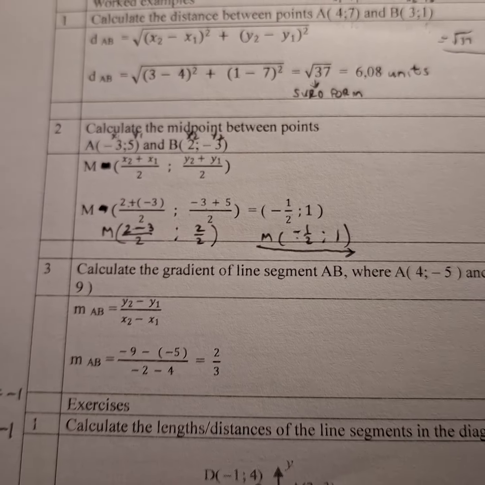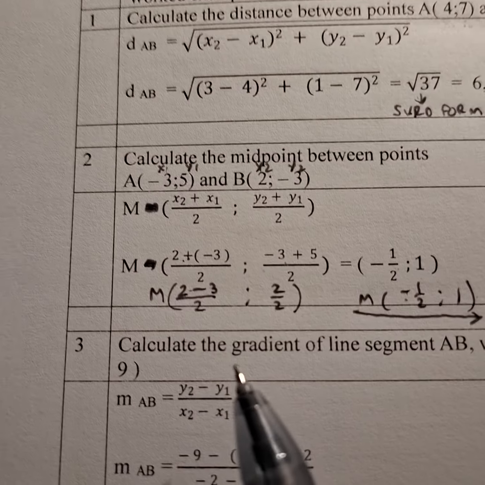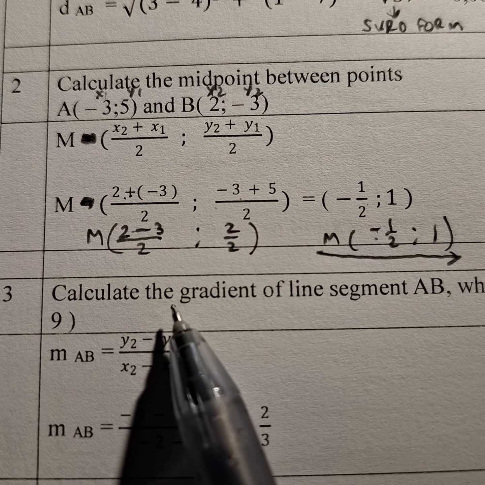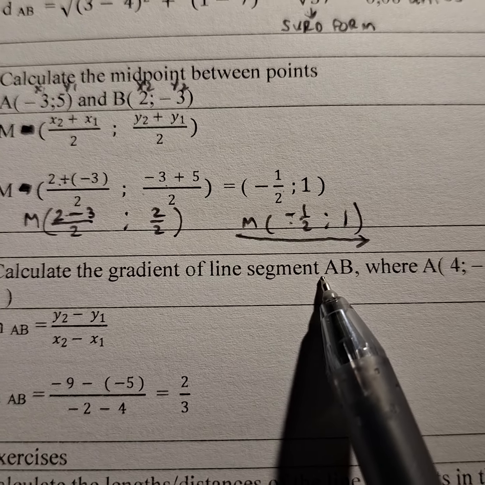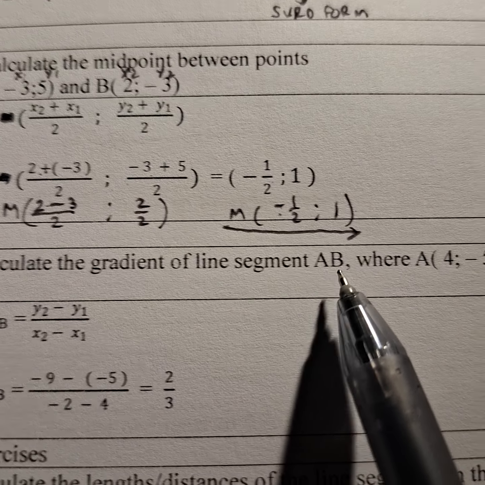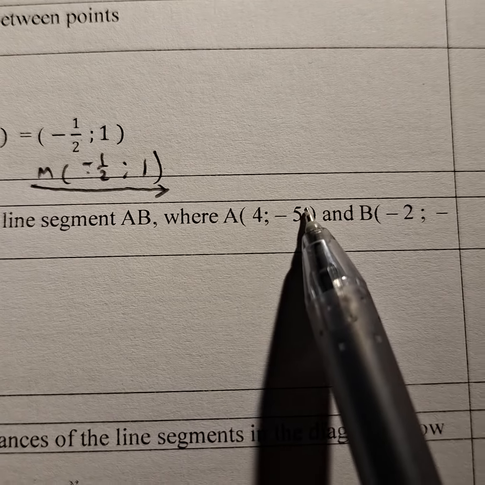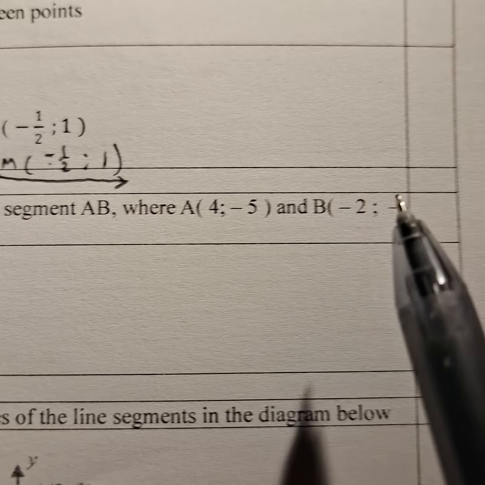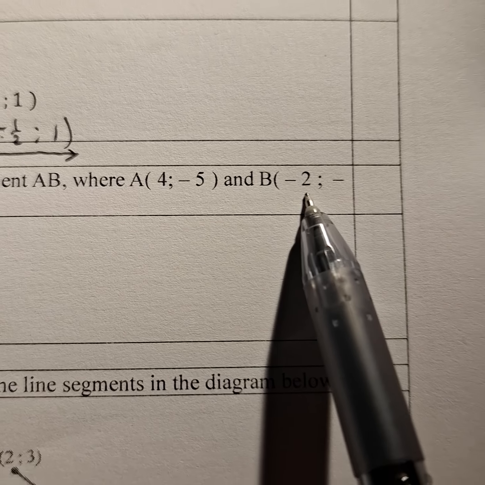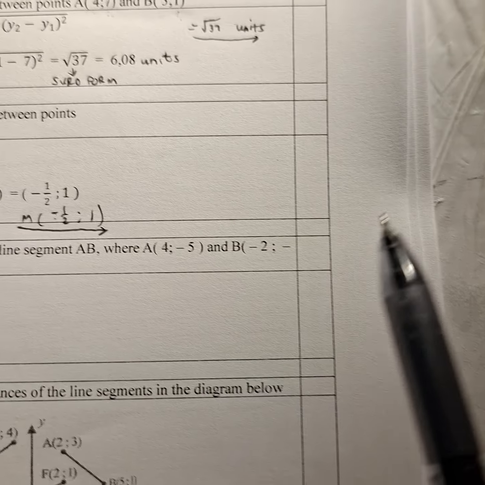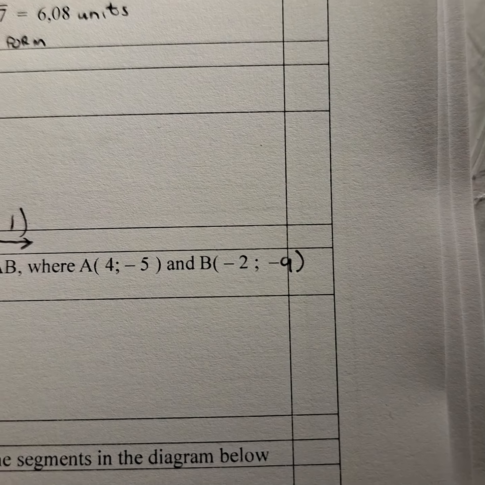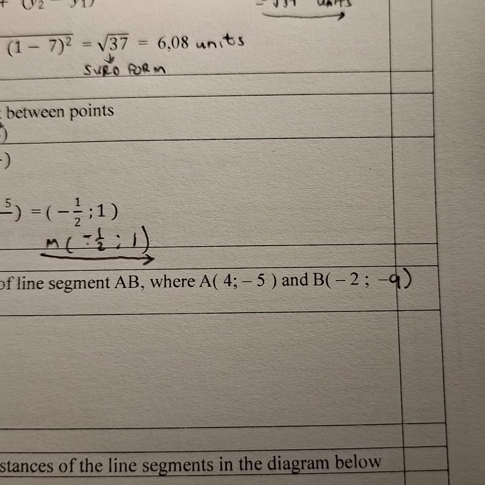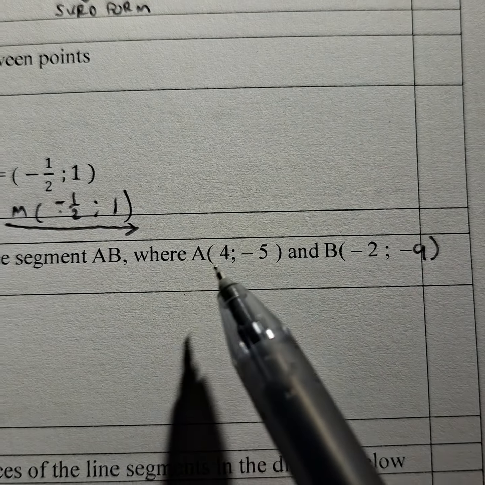Okay. Then lastly, let's look at the use of the gradient formula, looking at a practical example. Calculate the gradient of line segment AB, where A is (4, -5), B is (-2, -9). Right. So let's jump in. First and foremost, what do we do?